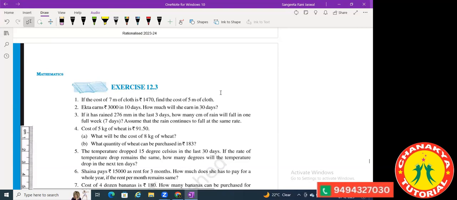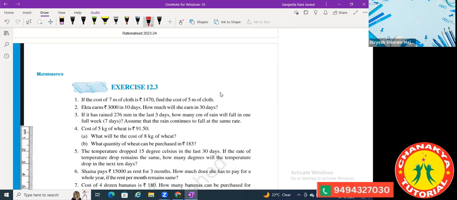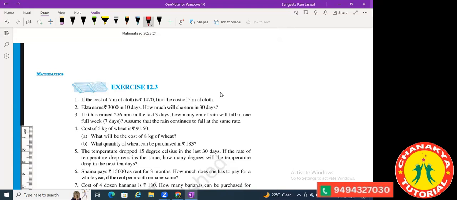12.3. Now see here, if the cost of 7 meter of cloth is rupees 1470, find the cost of 5 meter of cloth. How will you do this? With the unitary method. I'll show you with the proportion method also.